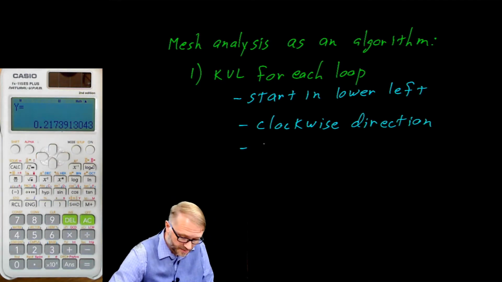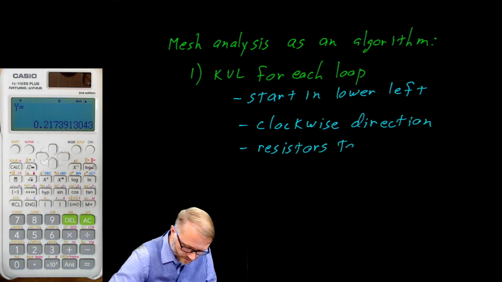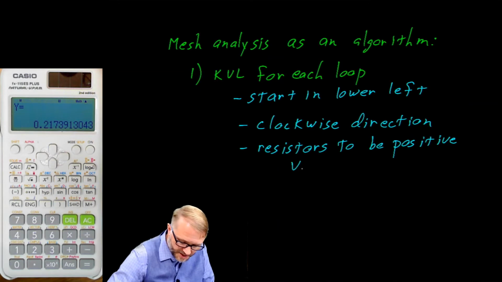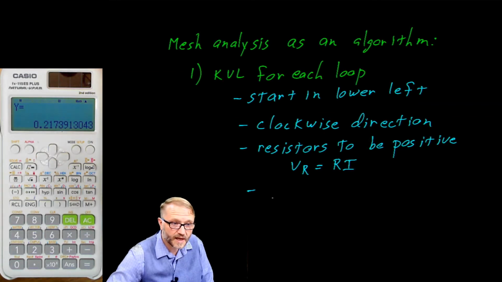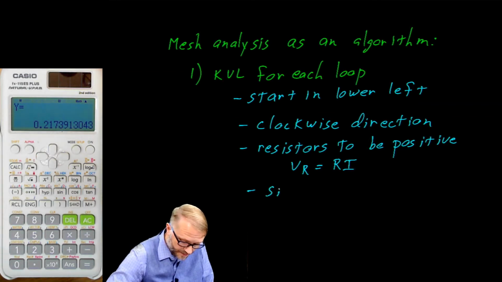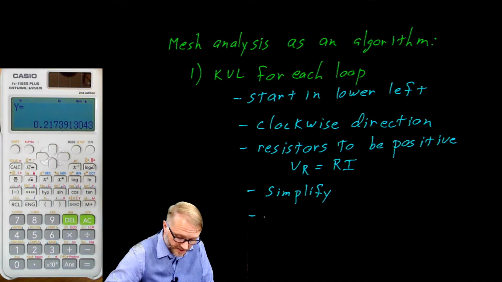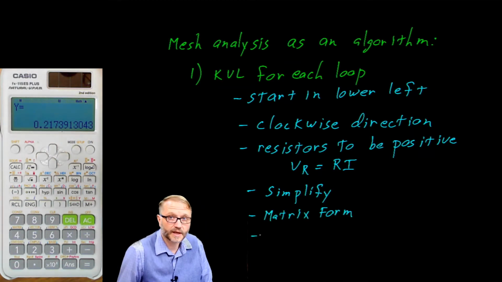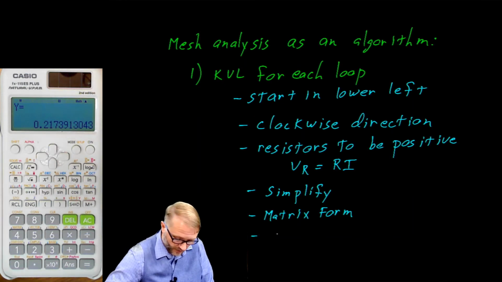Consider resistors to be positive, where the voltage on each resistor is expressed as a resistance multiplied by a current. Once you have the loop equations, you simplify them, put them into matrix form, and then use a calculator or computer to solve it for you.